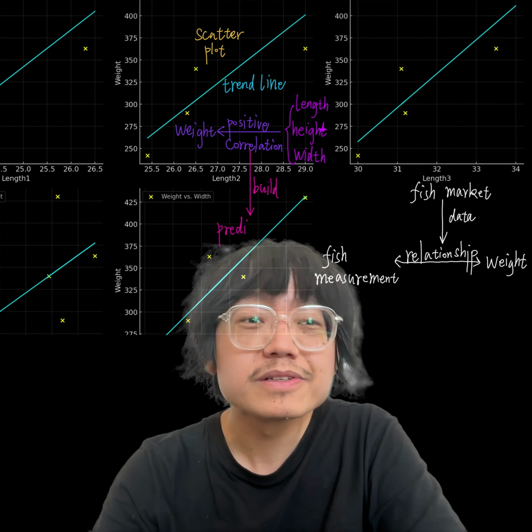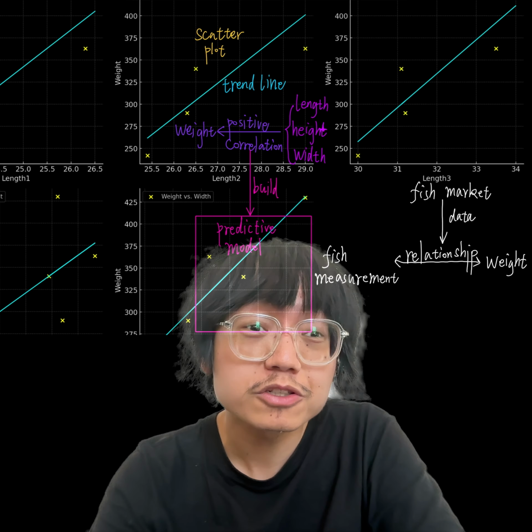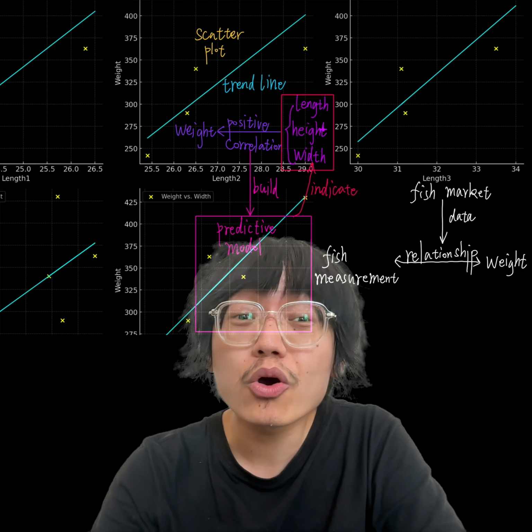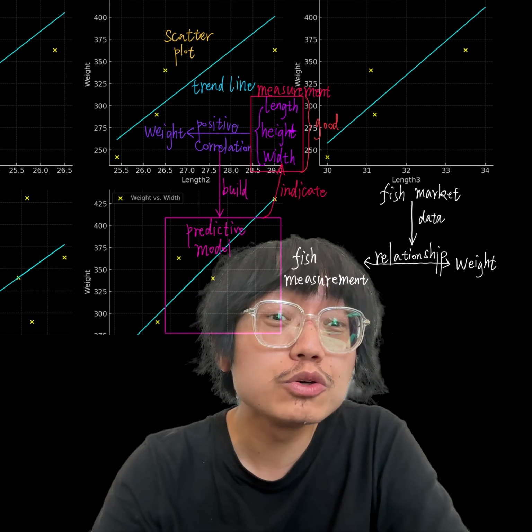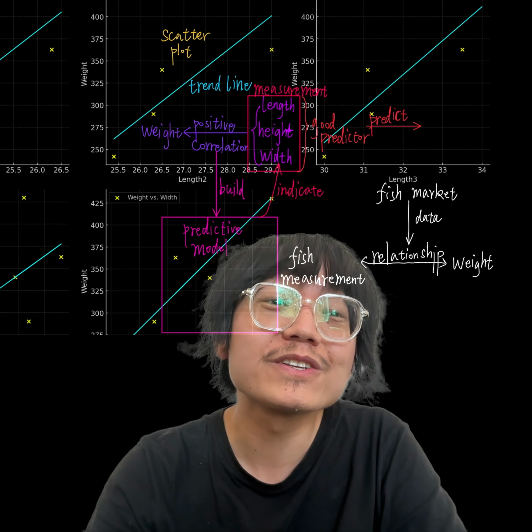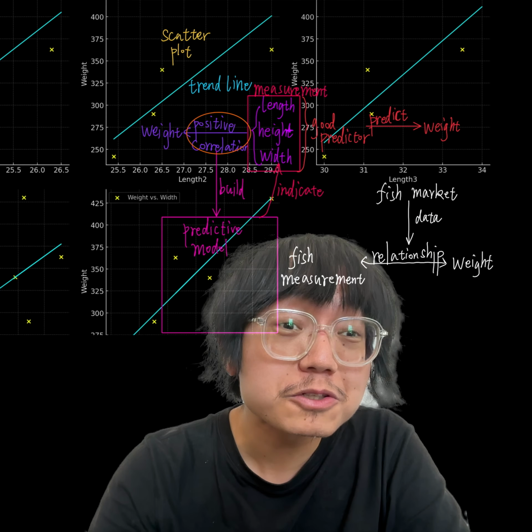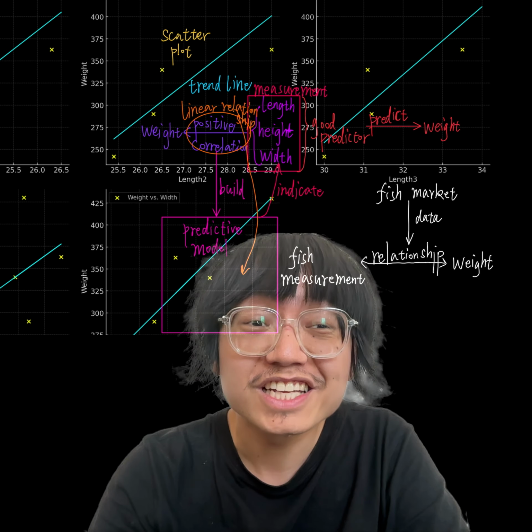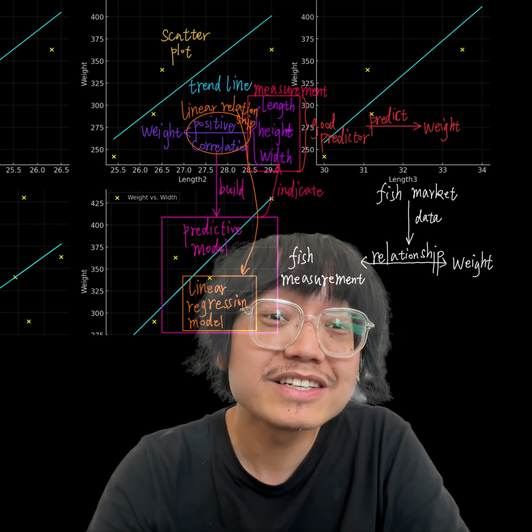These relationships are crucial for building a predictive model because they indicate that all these measurements are potentially good predictors of fish weight. So a linear regression model could be effectively utilized here as the relationships appear linear.